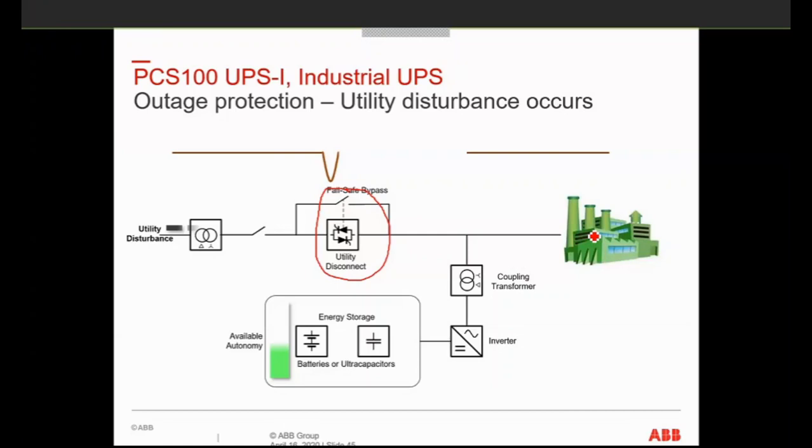Only 30 seconds. Why? Because with a 30-second battery autonomy, it can solve all of the power quality problems and also interruptions if you have a very quick or a very modern ATS system.